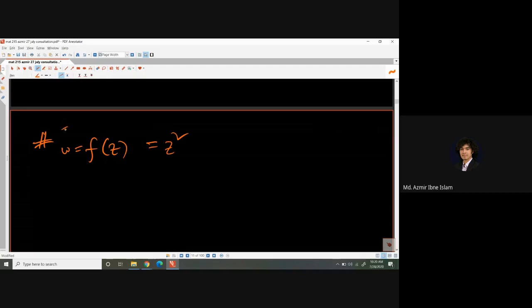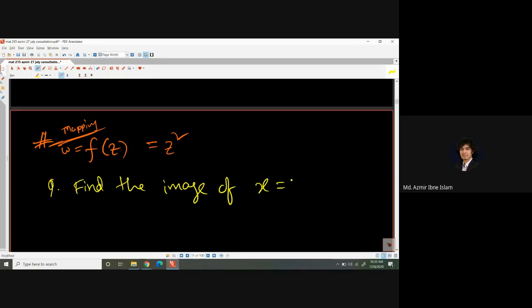That means this is one mapping. Under this mapping, the question is: find the image of x equal to 1 under this mapping.